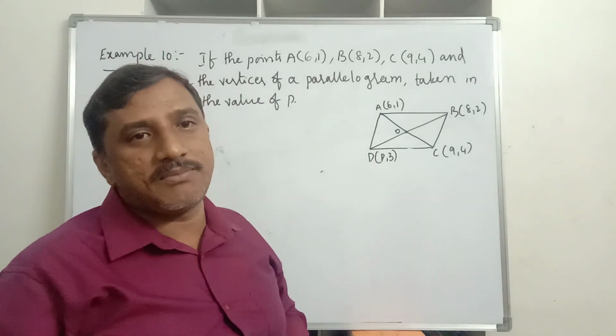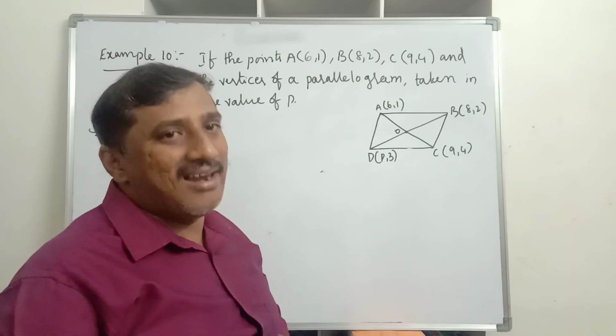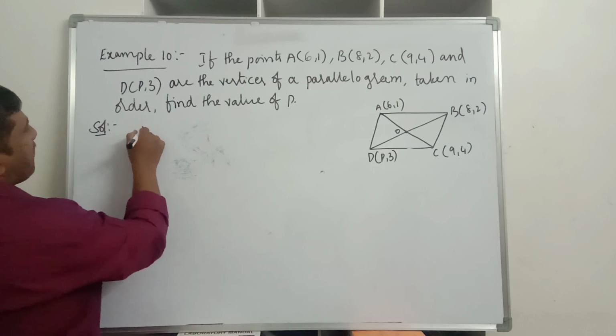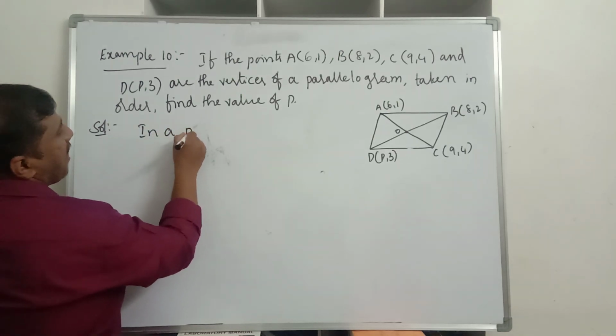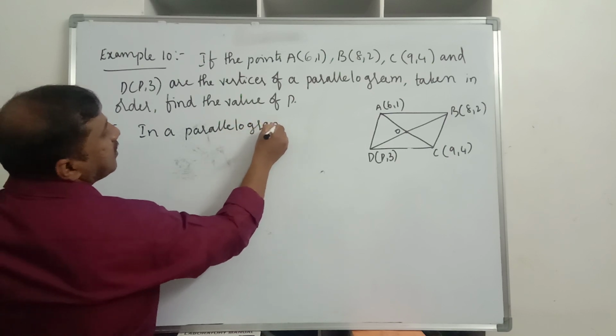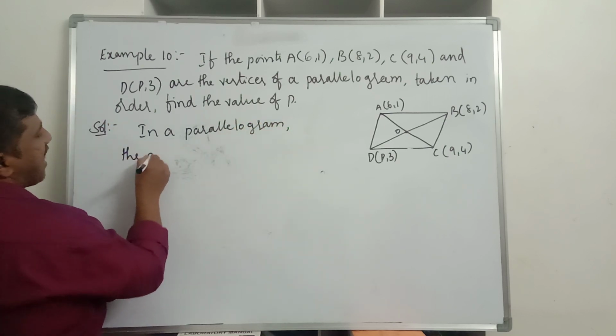Now use the midpoint formula of a line segment. As we know the property of a parallelogram, the diagonals bisect each other.